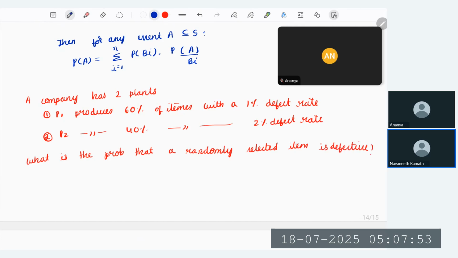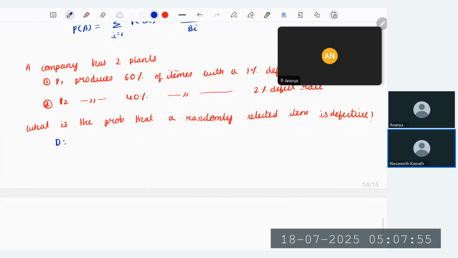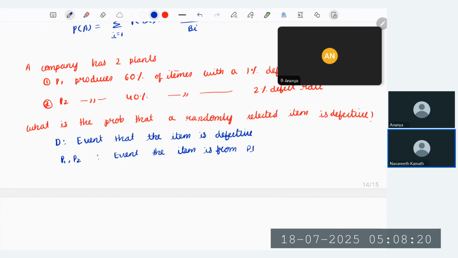So let's solve this. Let's consider D as the event that the item is defective. We have two plants, P1 and P2, the events that the item is from either plant P1 or P2.